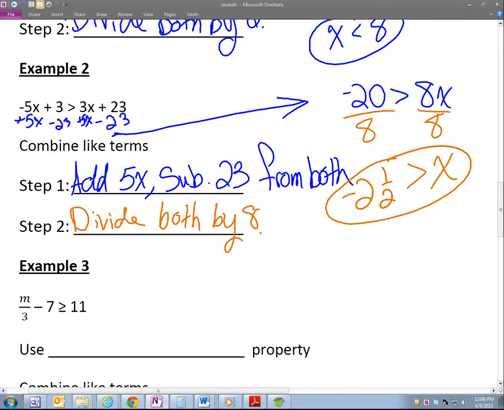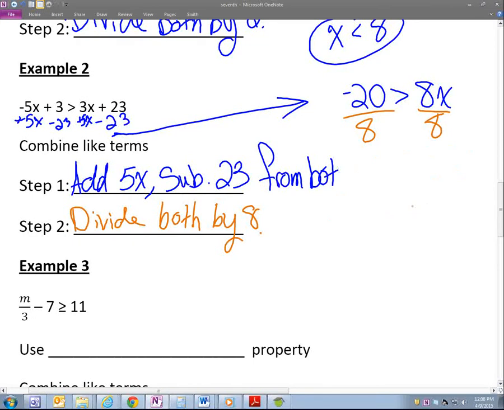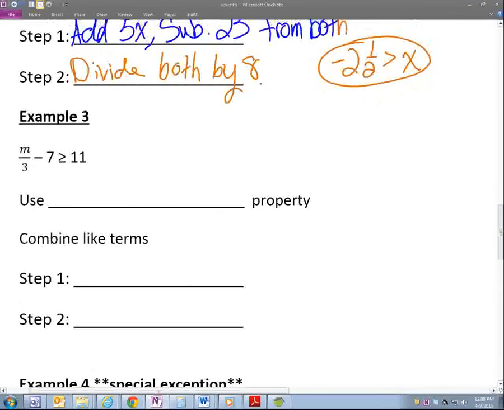Divide both by that, and that means that x, the opposite, negative 2.5 is greater than x. Sweet deal, banana peel. Next one.